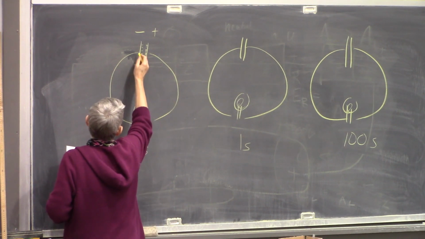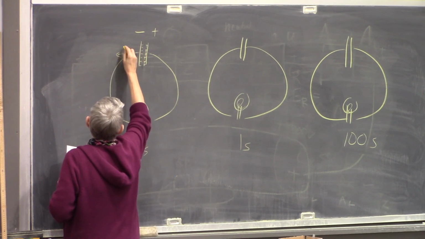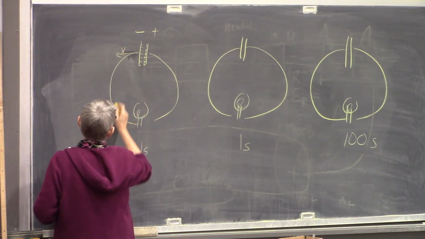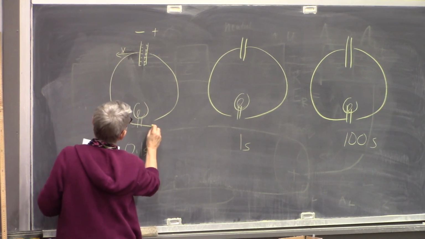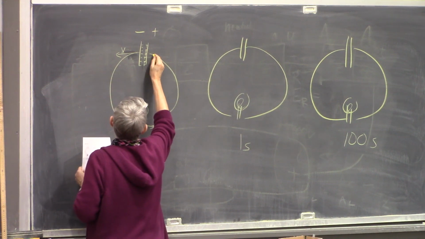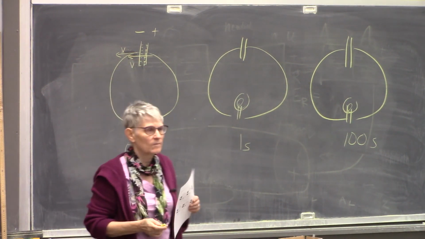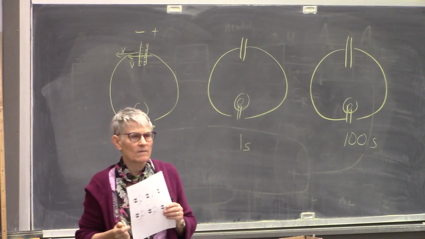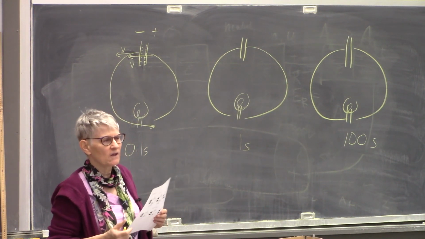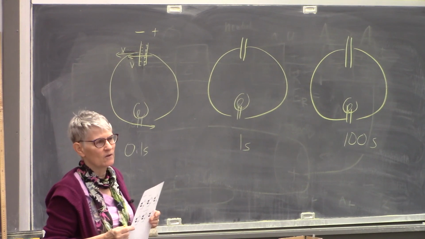Then, presumably, we have electrons flowing this way in the circuit, right? They're flowing off the negative plate through the light bulb and onto the positive plate.